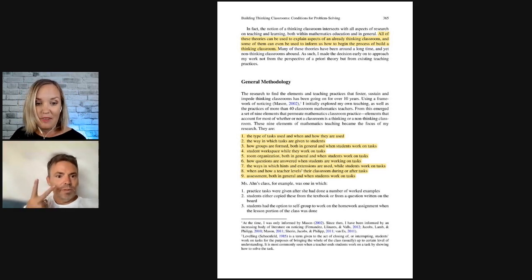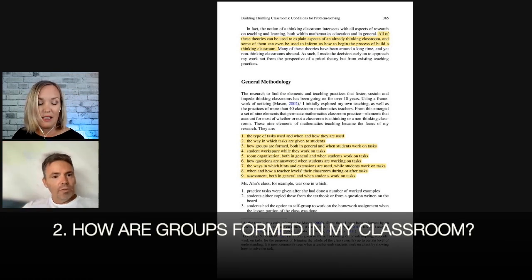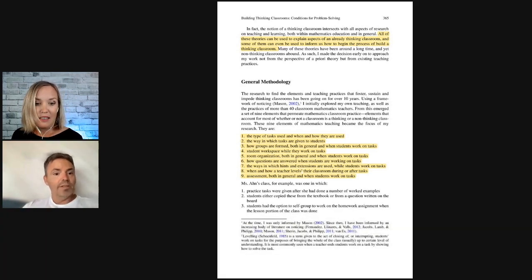Okay. Number two, how are groups formed in your classroom? So if you've given out a homework assignment and the groups in your classroom can either self-select or not work in groups at all, then chances are you're not following a classroom that's based on research, because what we found is that grouping is really, really important.